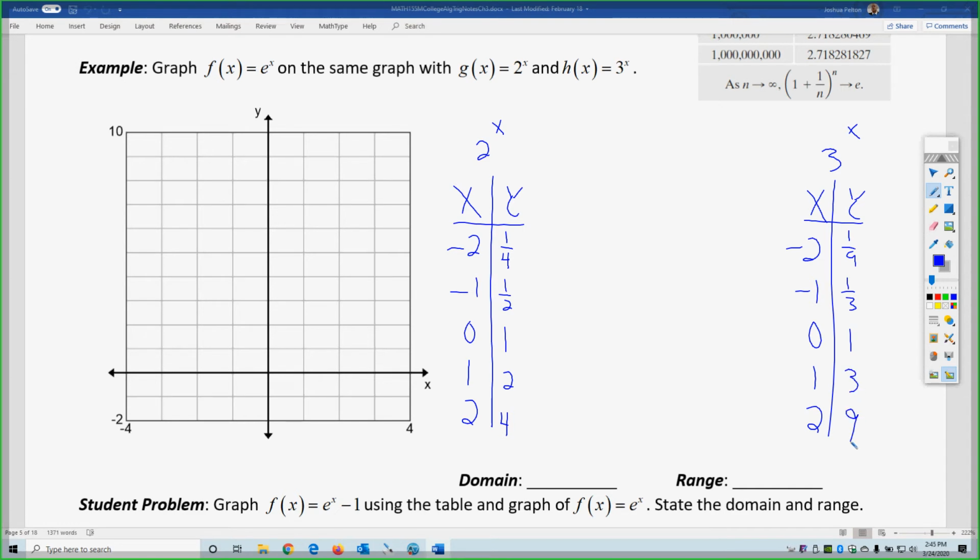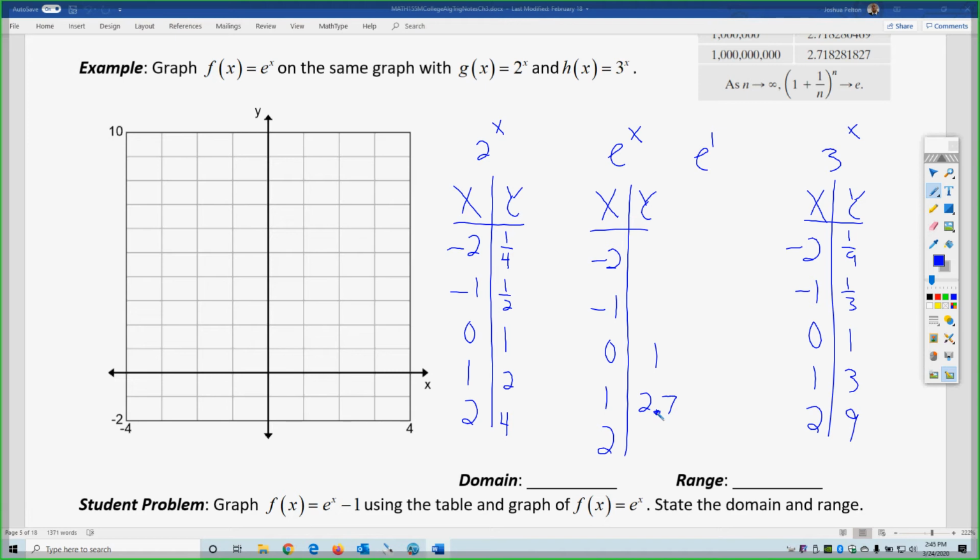How does that compare to e to the x, which is what we care about for this graph? We'll plug in those same values. First off, e to the 0: anything to the 0 power is 1. E to the 1 is just e, which we know is 2.718, so that's about 2.7.